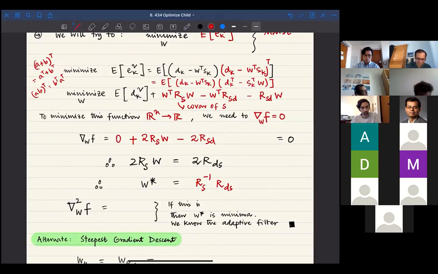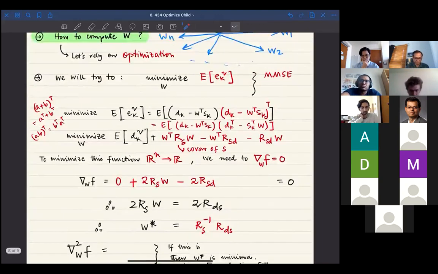What does that mean? This means the W star is you take the covariance matrix of the signal that is received at the outer earphone of your noise canceller, and you take the covariance between the signal that you received at the outer earphone and the feedback at the feedback microphone.